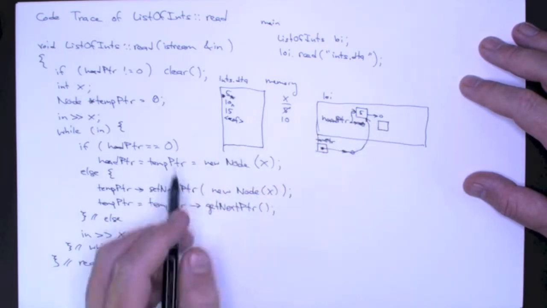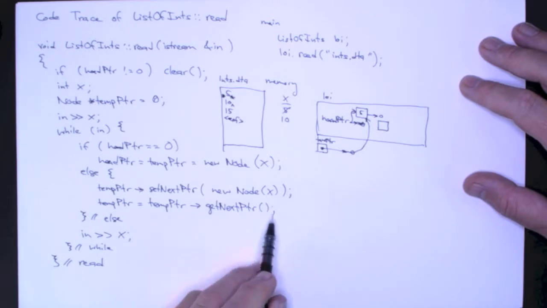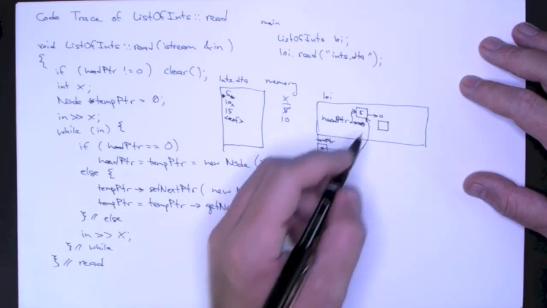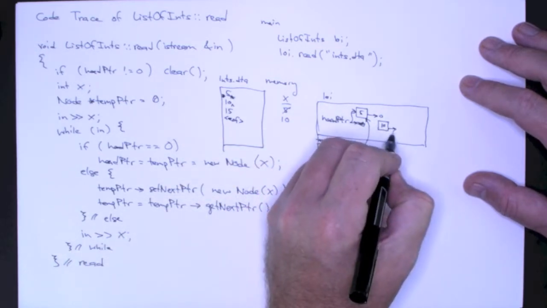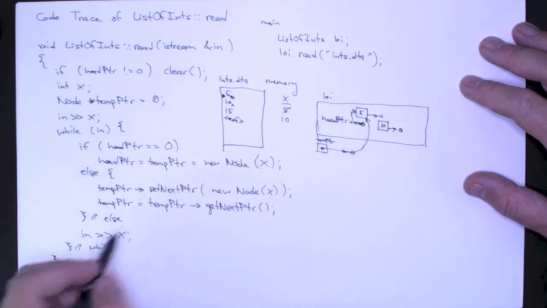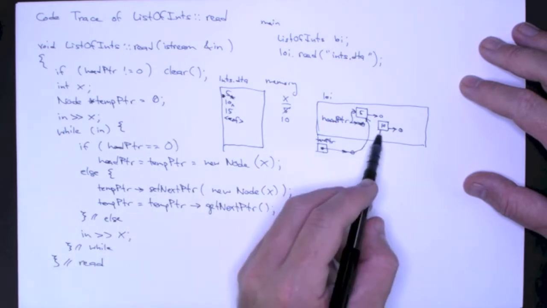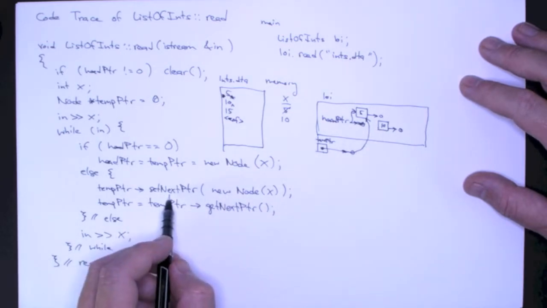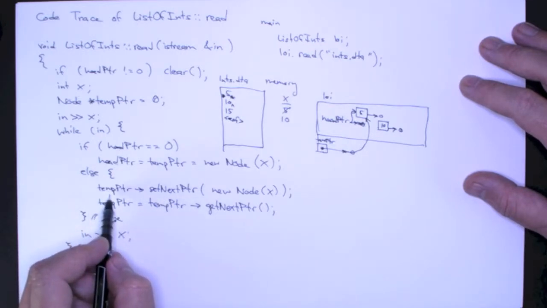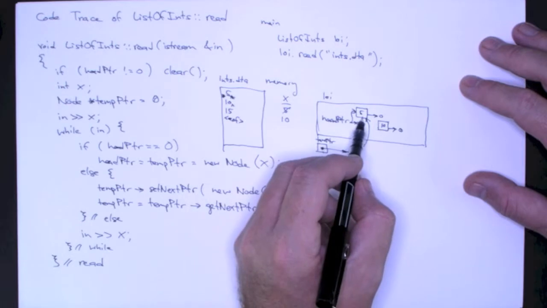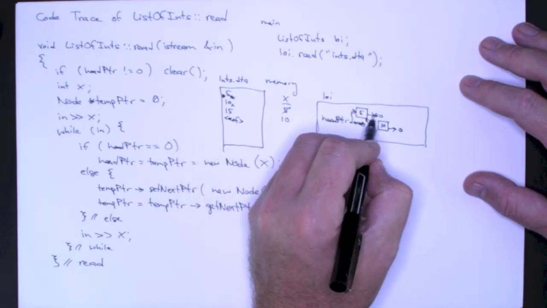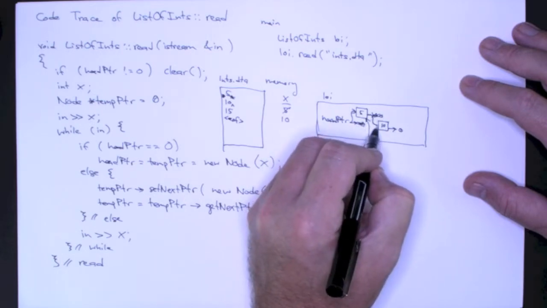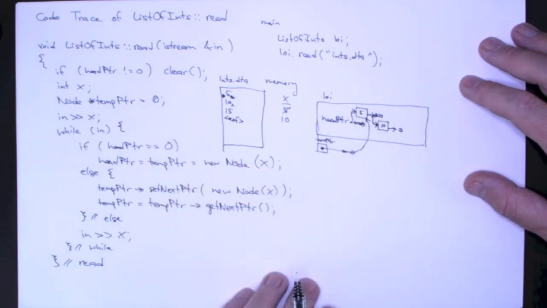Draw it down here. We pass x into the constructor of the node class, which assigns object to 10, and assigns its next pointer to null. New returns the address and passes it into the setNext pointer method of the object that temp pointer points to. Temp pointer points to the object containing 5, so its next pointer will point to the node containing 10.